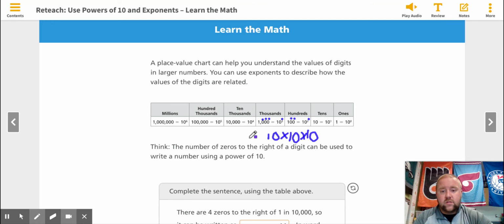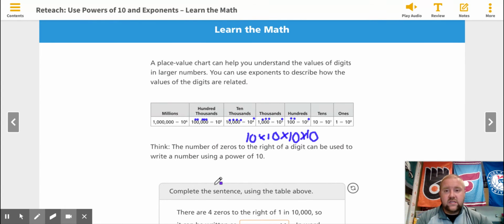All right, so 10 to the fourth is going to be 10 times itself 4 times. Again, the exponent is a 4, and the value has 1, 2, 3, 4 zeros there. And we could keep going on to show you 10 to the fifth power would be 10 times 10 times 10 times 10 times 10, 5 times, or just know it's a 1 with 1, 2, 3, 4, 5 zeros.